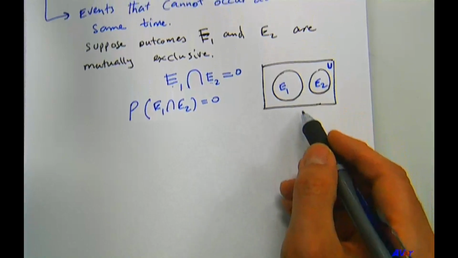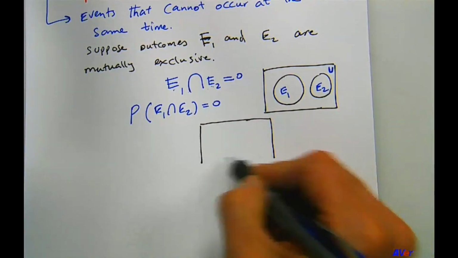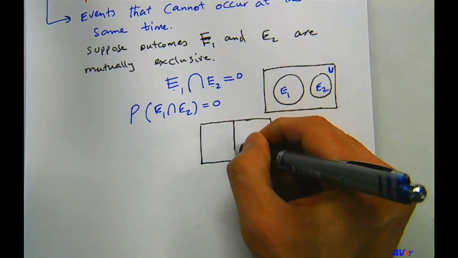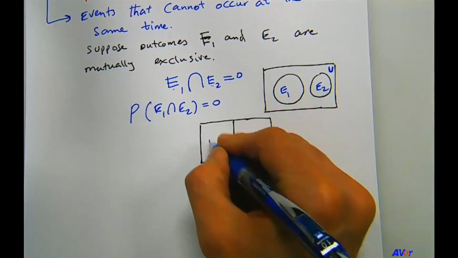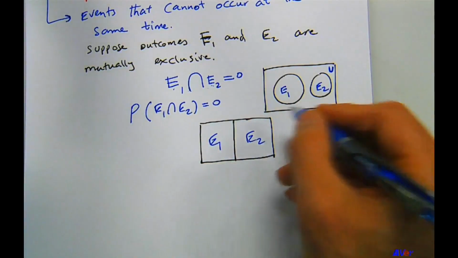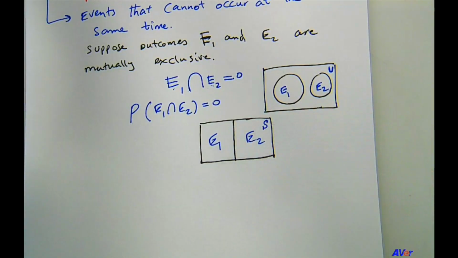Another way of showing mutually exclusive events with a Venn diagram is like this: E1, E2. That means the sample space, let me this time call it S, has only two events, E1 and E2, which are, by the way, mutually exclusive.